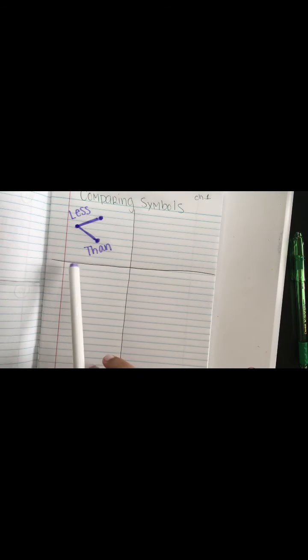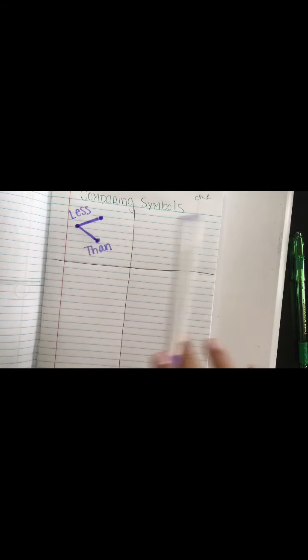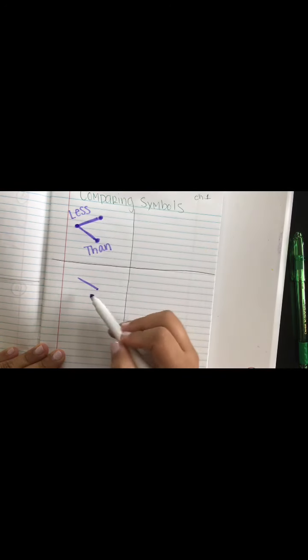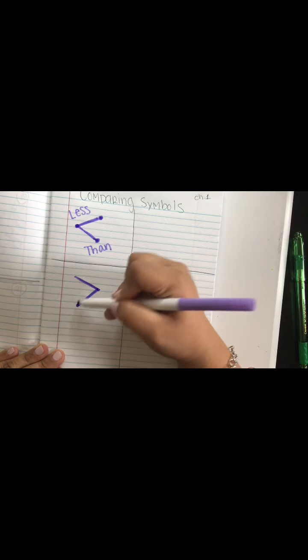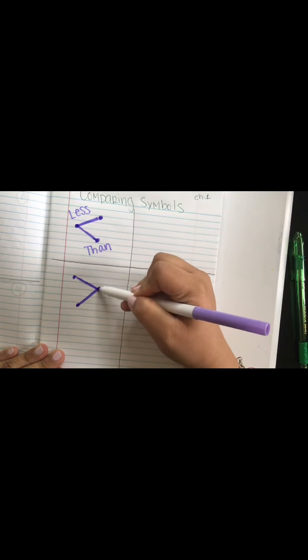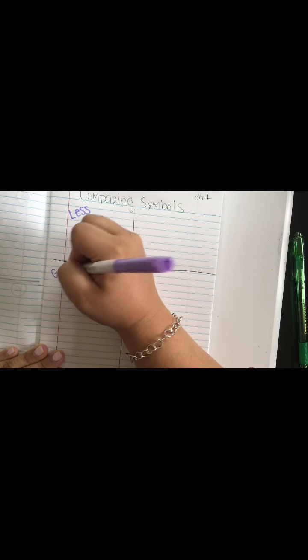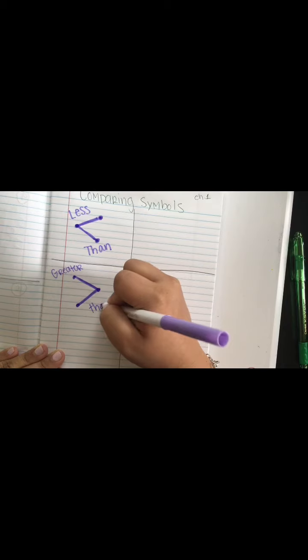I know that it's less than because we read it like a book, so something is less than another number. Now, our next symbol is our greater than symbol. Same thing here, the 2 dots, and then the 1, and this is greater than.